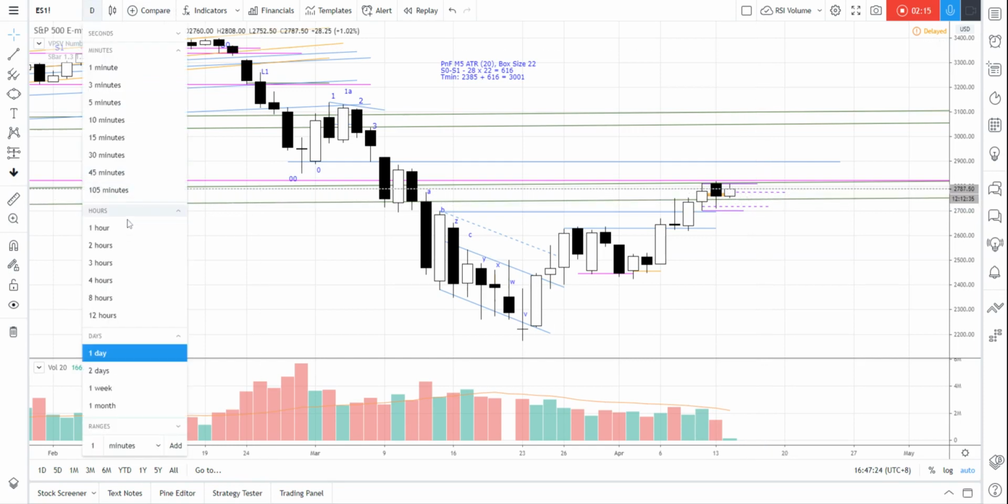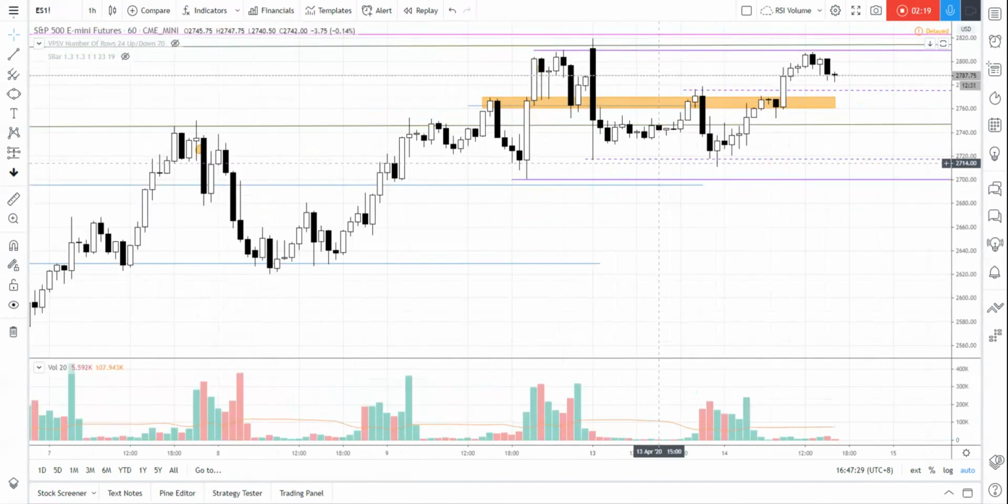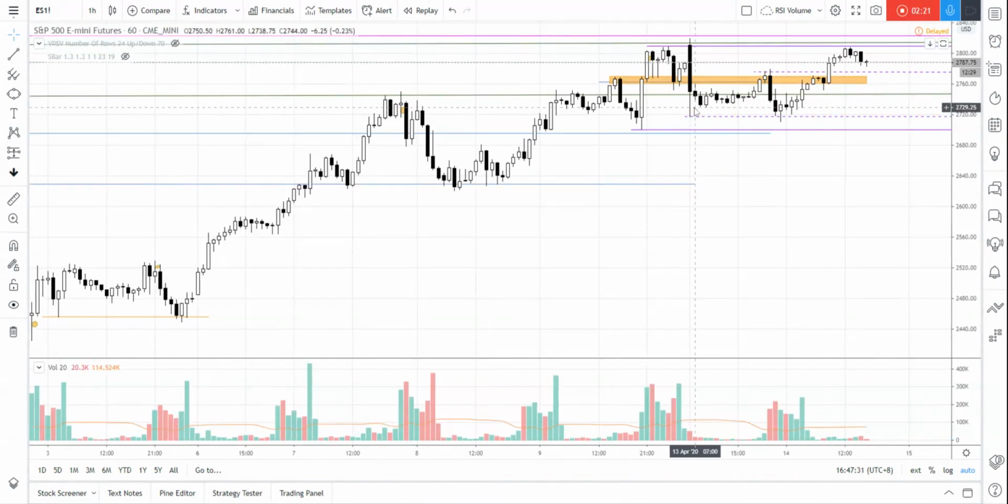If we look at the smaller, hourly time frame, we can see a better picture here. As you can see, we still have this resistance-turned-support area at 2,760 to 2,770. This is the first level that I'm looking at to go long.